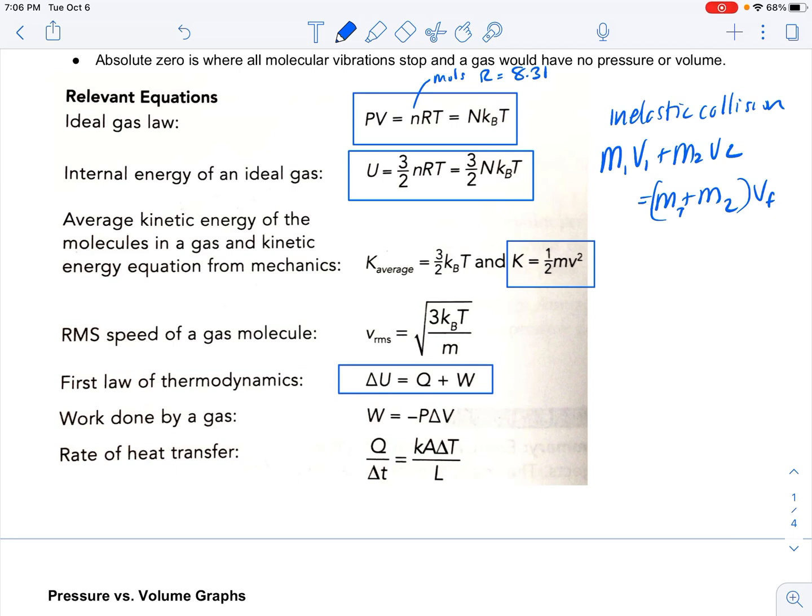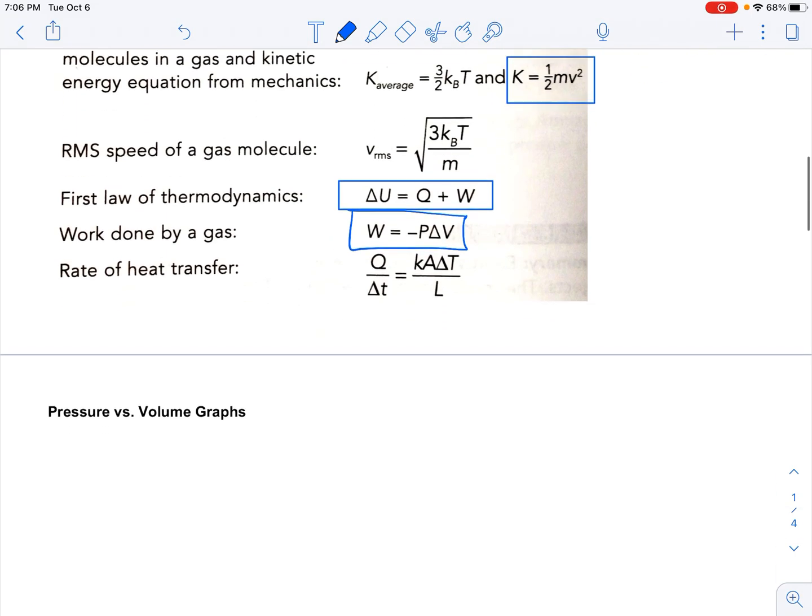Work done by a gas is negative the pressure times the change in volume, and then we've got a rate of heat transfer equation.